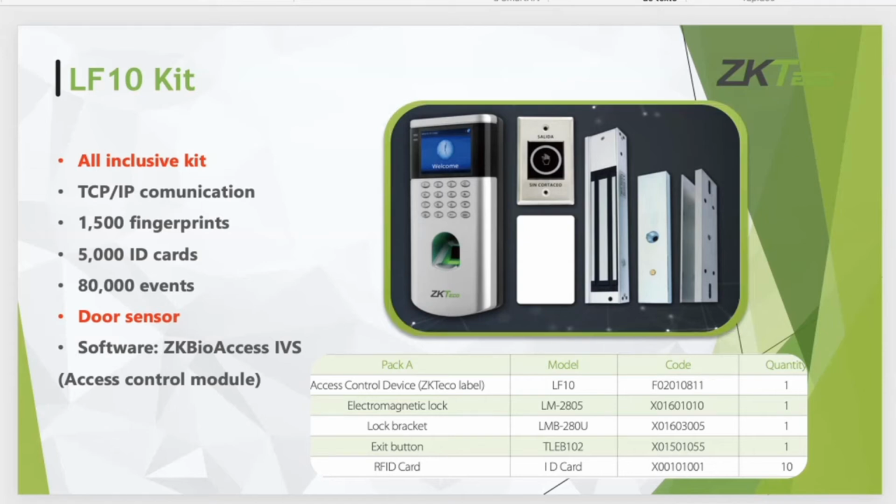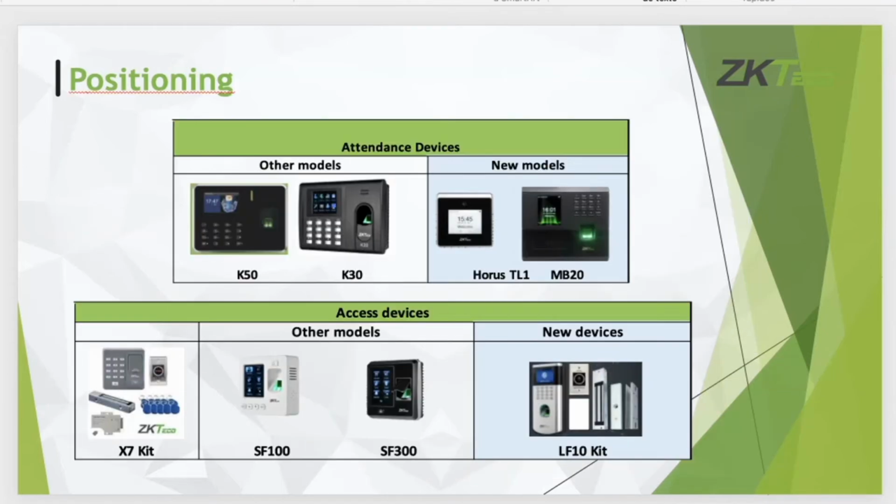Then I want to make some comments regarding the positioning of the devices compared with other devices that we also have in the market in terms of price. For example, talking about the time and attendance devices that we introduced, the Horus TL1 and the MB20, in the market you can find other very similar models, like the Key 50 or the Key 30.